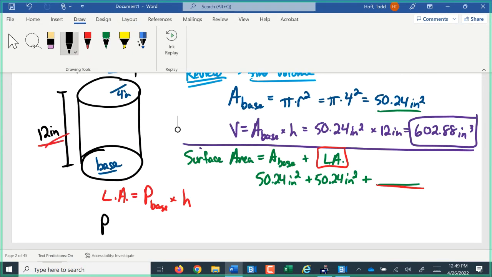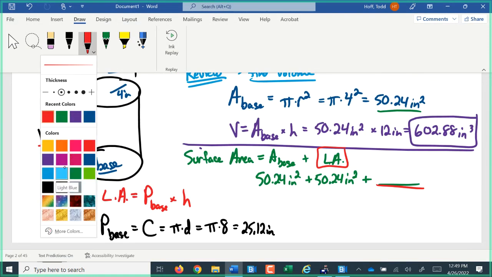The perimeter of the base, since this is a circle, is just going to be the circumference of a circle. How do I find the circumference of the circle? Pi times diameter. The diameter here is 8. Pi times 8 would be 25.12 inches.